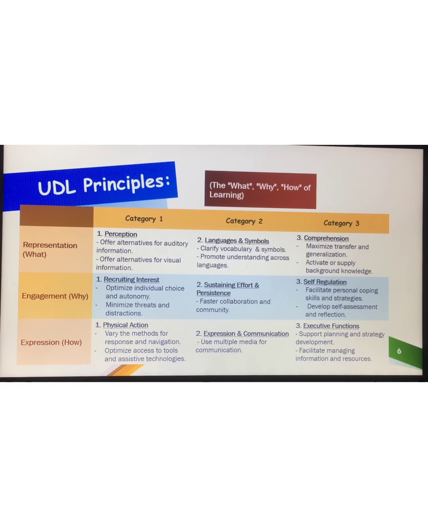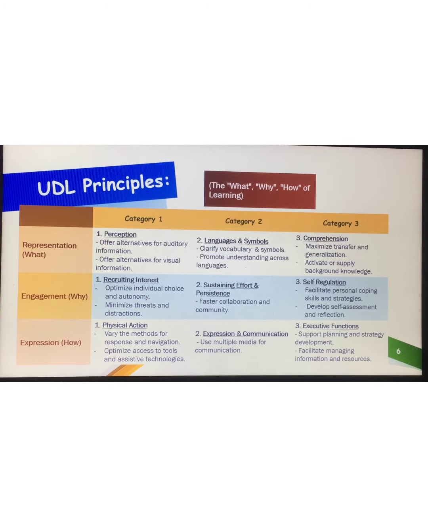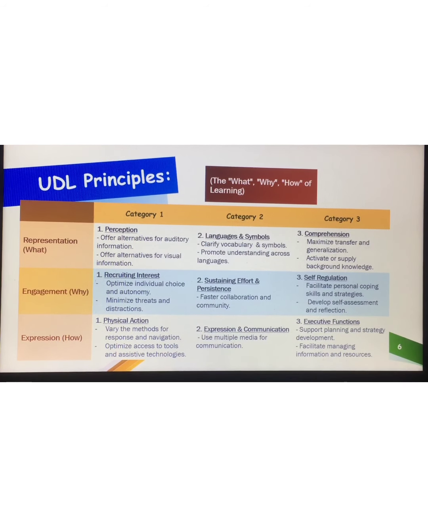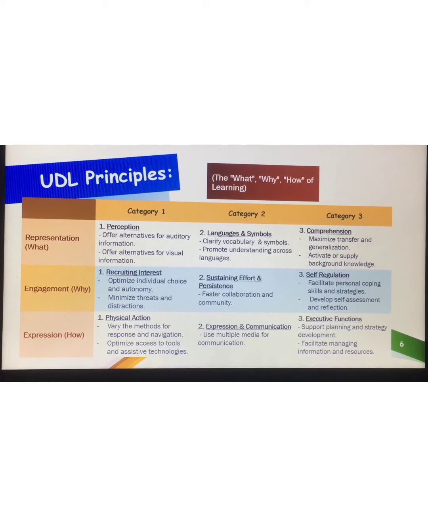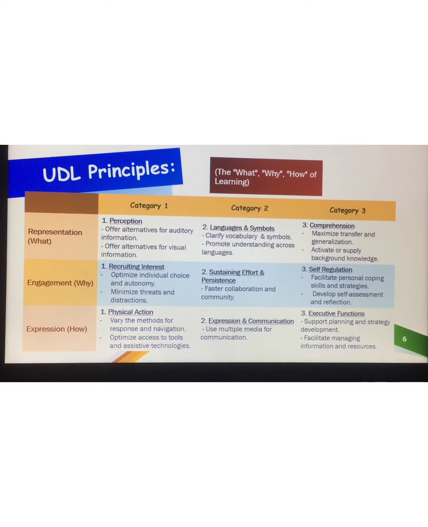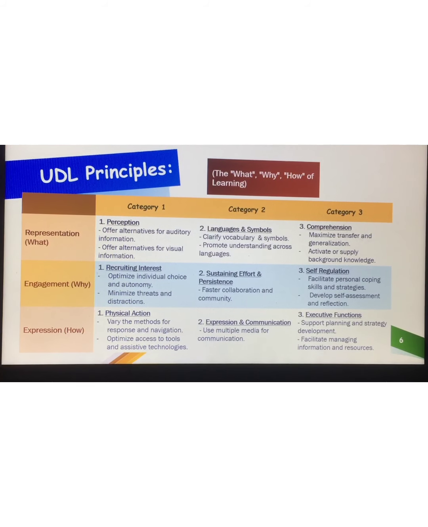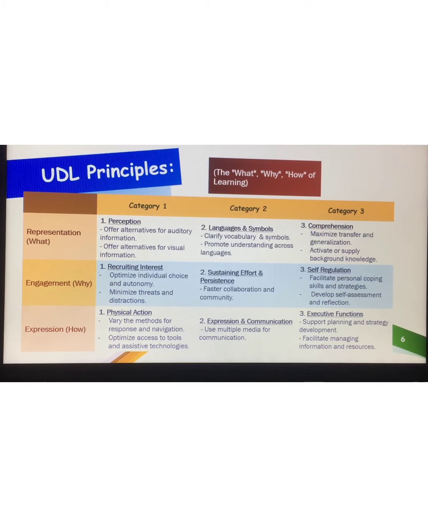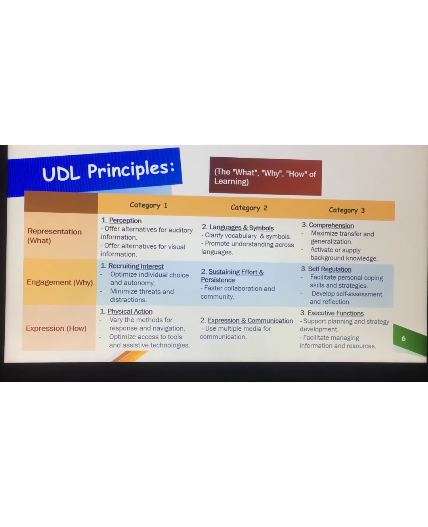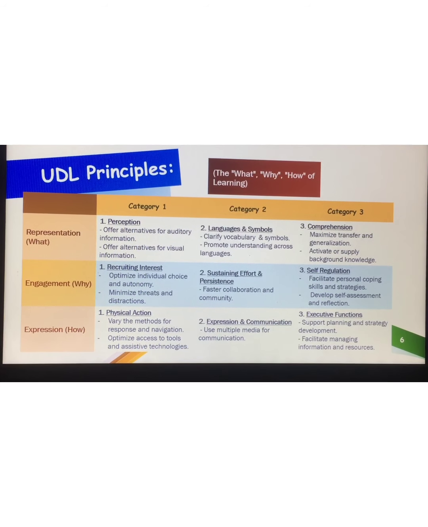Next is the UDL principles. Here we have three: what, why, and how. First is representation, for what. First is perception. For perception, it offers alternatives for auditory information. Next, it offers alternatives for visual information.